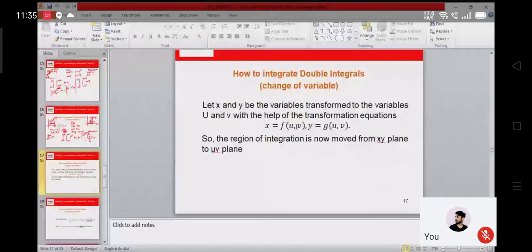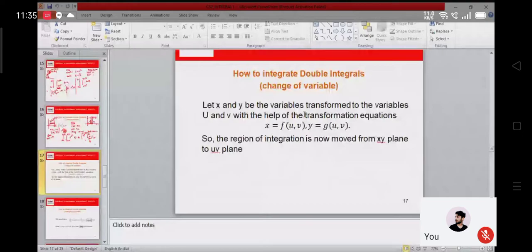What does it say? This theorem is called change of variable in double integration. Here you have an integral, say, written in x and y. But the region provided, it is difficult to integrate over that region.